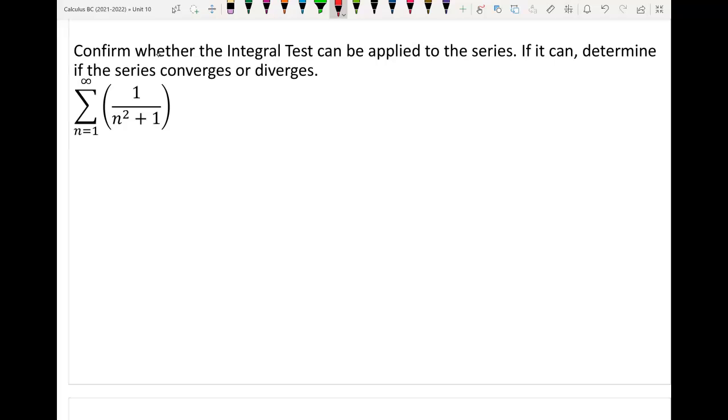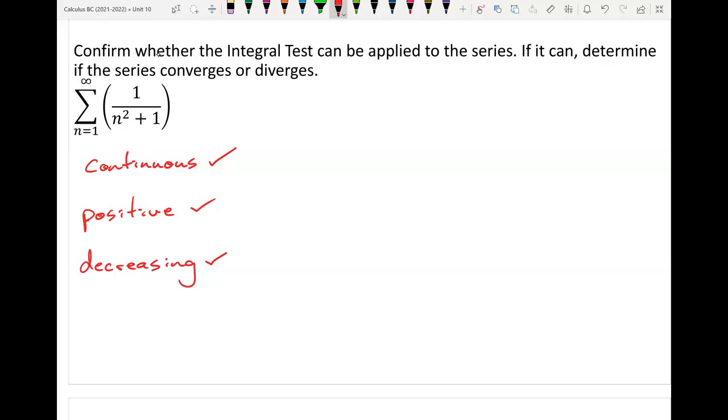Yes, there's no discontinuity, so continuous. That's good. Positive, is this always positive? That is also, yes, positive. That's good. Is it decreasing? It is. Do we need to see how that is, or are we good?